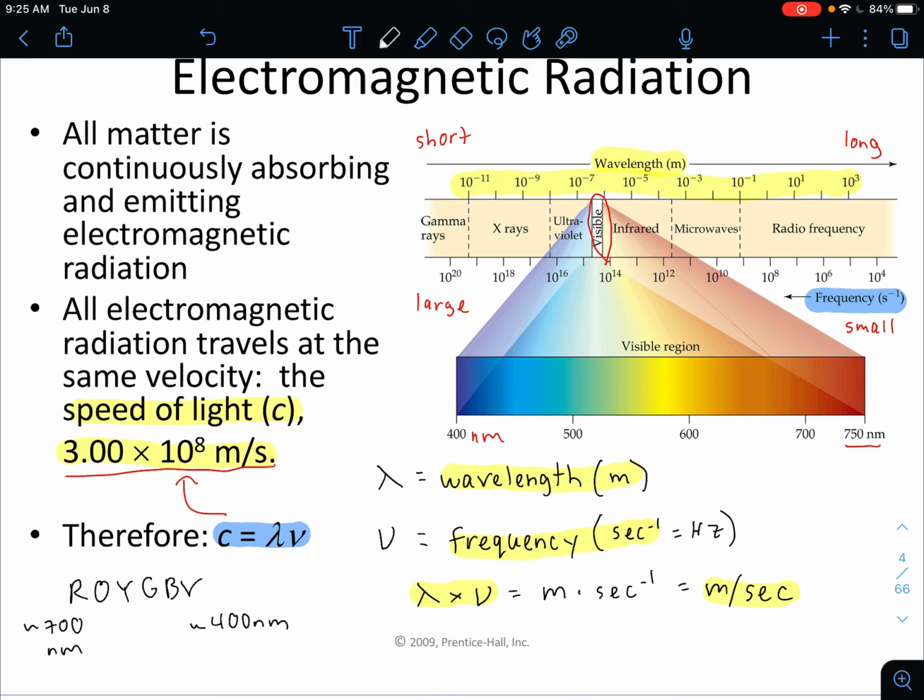We'll think about that a bit more later, but we'll be able to more or less narrow down the wavelength of light we're thinking about and the color that we expect to see based on where it falls. So we'll take a look at that in a little bit here.